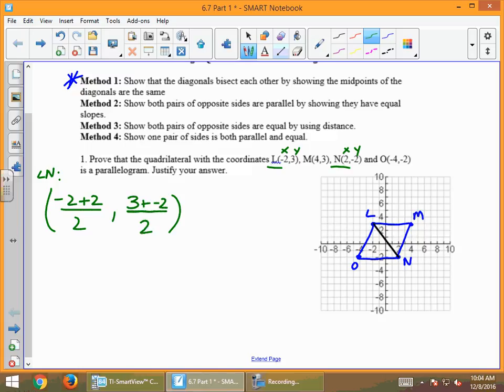Always add. Always add. Well, clean it up. What's -2 plus 2? 3 plus -2? 0 over 2 is 0, and we can't simplify down 1 over 2. There's that midpoint.